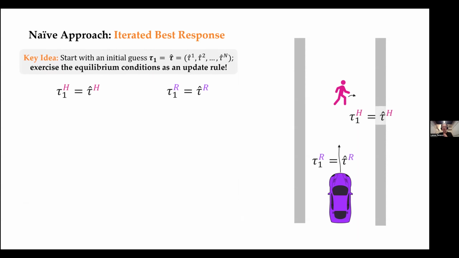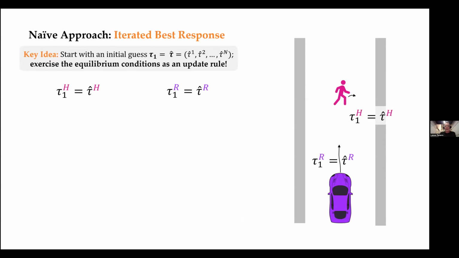What do I mean by that? So in the beginning, we have some initial strategy guess tau hat, and say we first want to fix the robot strategy and update the human strategy. So then we fix the robot strategy at this initial guess. And then we look at the cost of the human as a function of that trajectory while fixing the robot's trajectory, right?